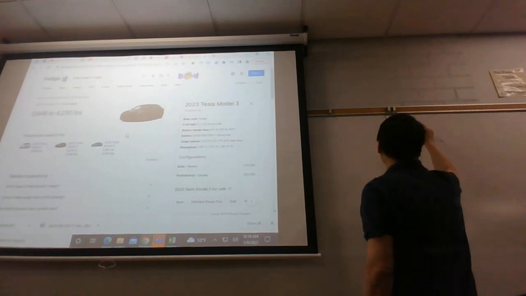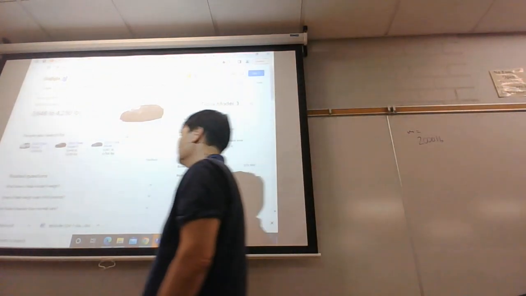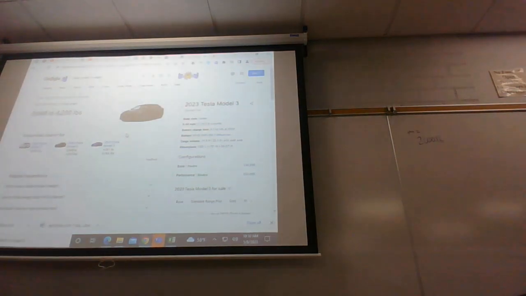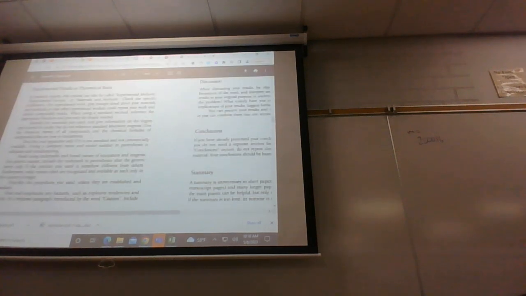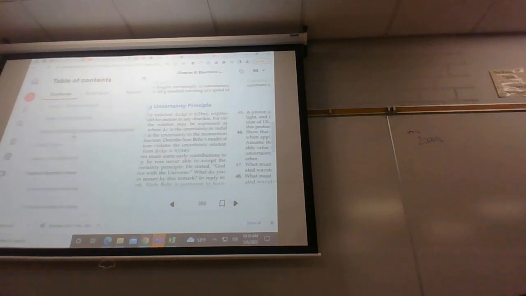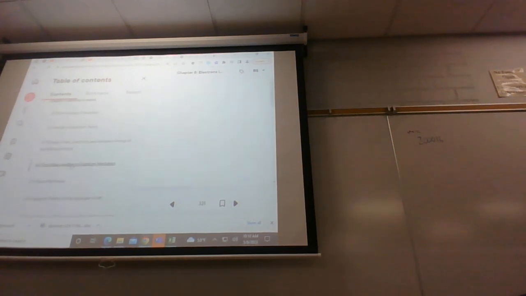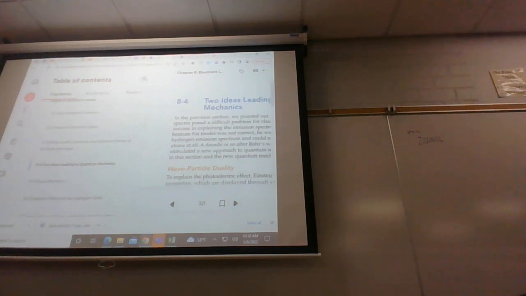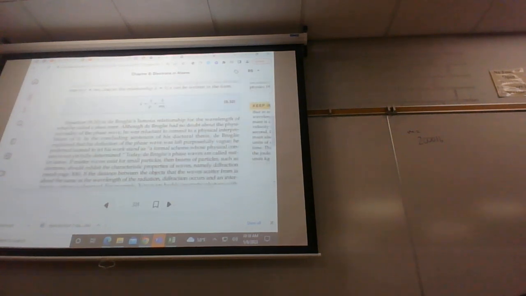So that's a math. Okay, we'll use the equation from our book. Heisenberg uncertainty. Two ideas leading to quantum mechanics. De Broglie, this is the de Broglie equation.